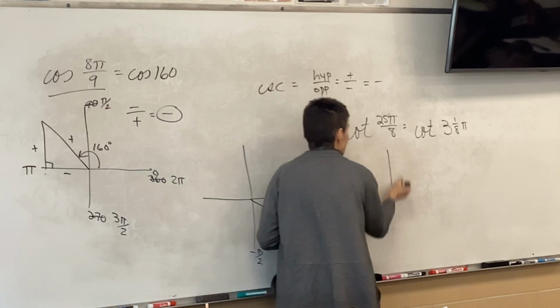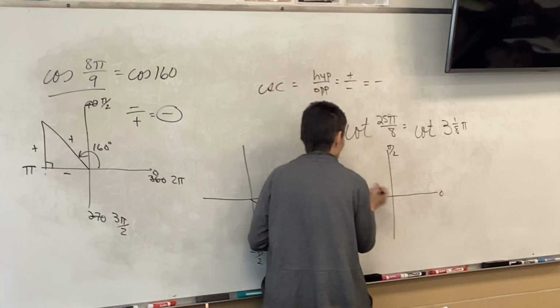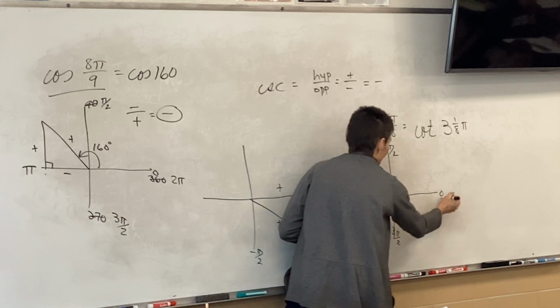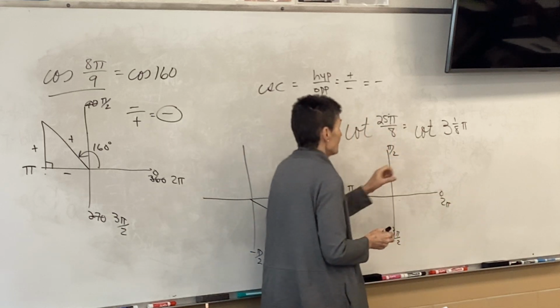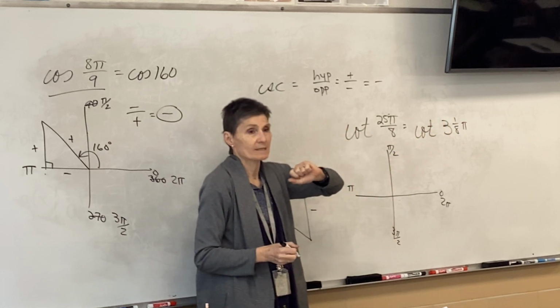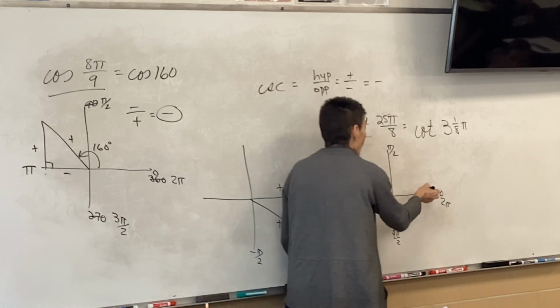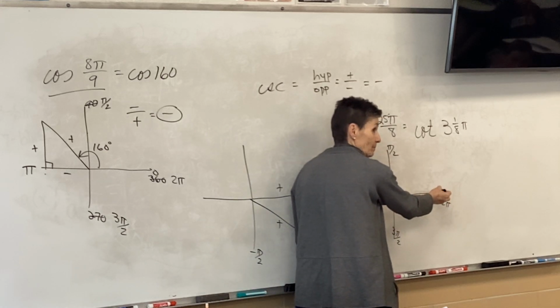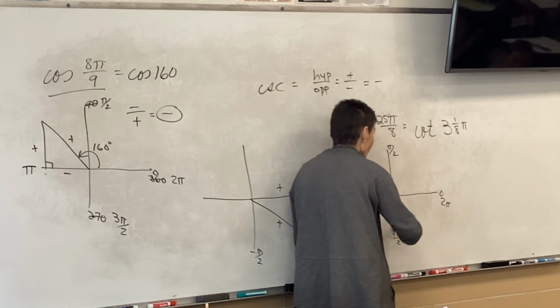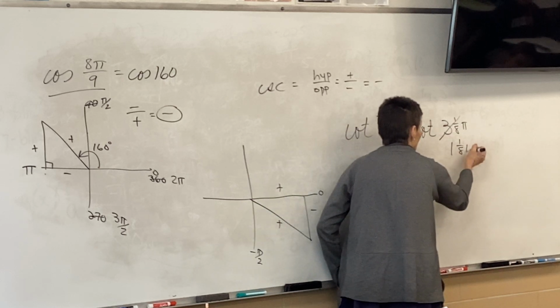All right, now let's see if we can figure this out. Talk about 3 pi, 3 whole pies. Where would that be? Well, 2 whole pies is all the way around. So now it's down to 1 1/8 pi.